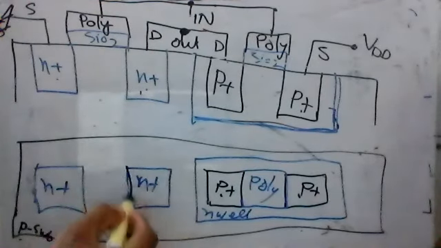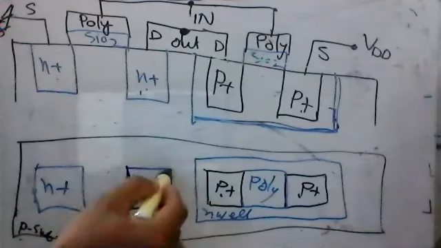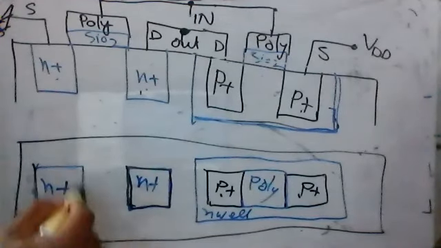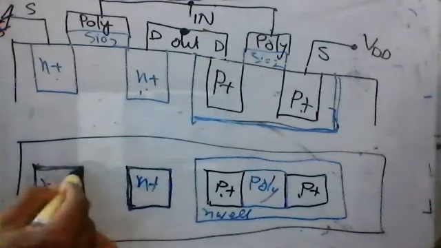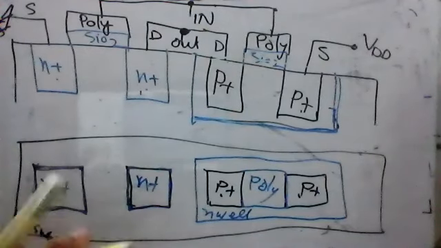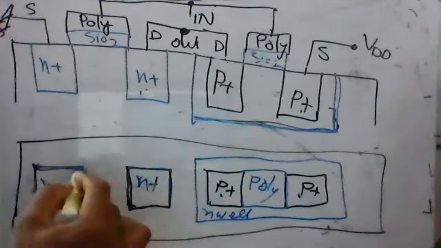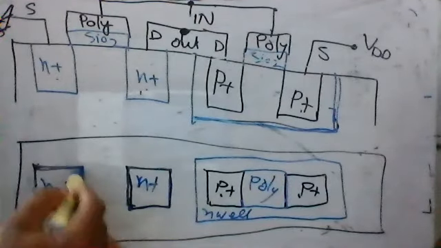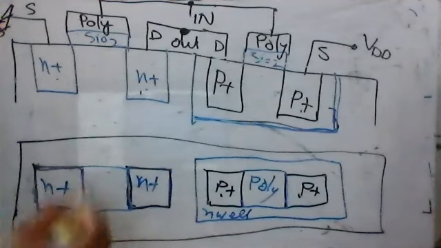I'm going to use black color, and this is black. My red is not working, so we need to bring in the red. And now here, same as silicon dioxide, we will not be able to see it. We'll see only the poly.